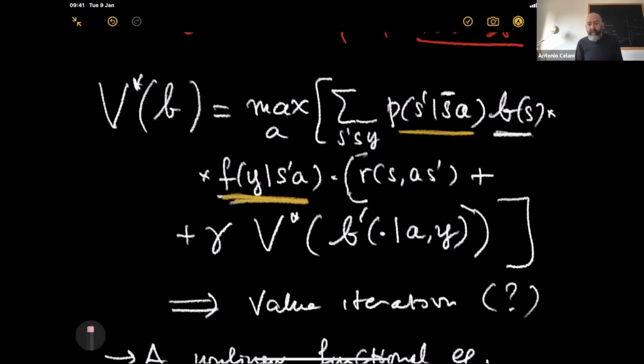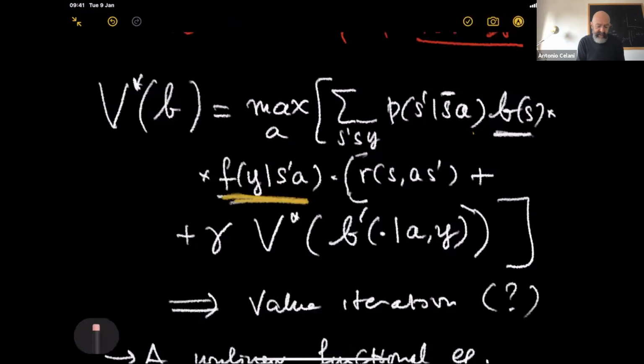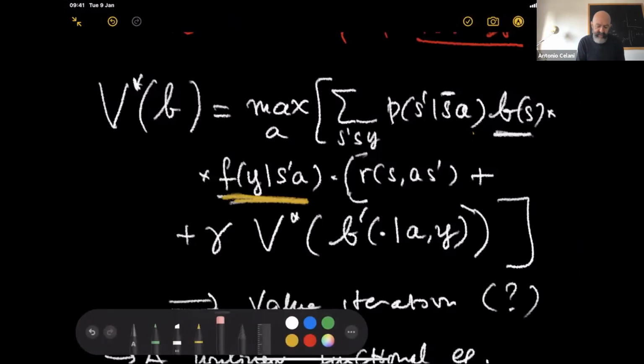We will not do this today. What we will do today is discuss the problem of Bernoulli bandits, that is coin flipping, deciding what coin to flip. In that case, the transition probability is simple because it's just the identity. States don't change.